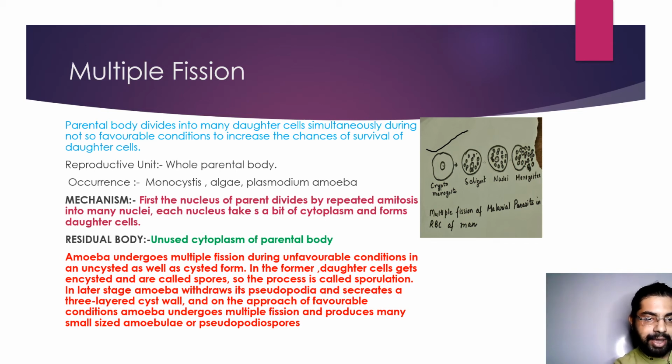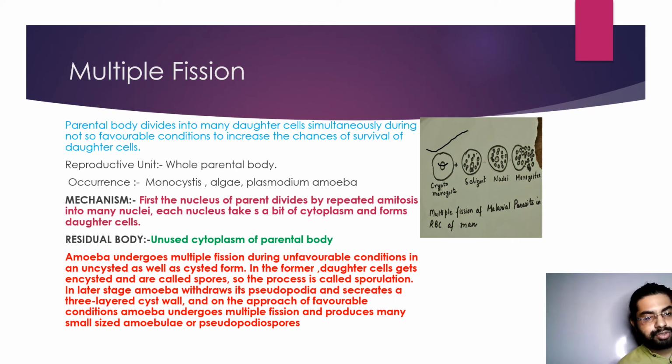Here the parental body with one nucleus first divides into many nuclei, then each nucleus takes a little bit of cytoplasm to form new daughter cells. The unused cytoplasm of the parental body, which is not used by any daughter cells, is called the residual body.